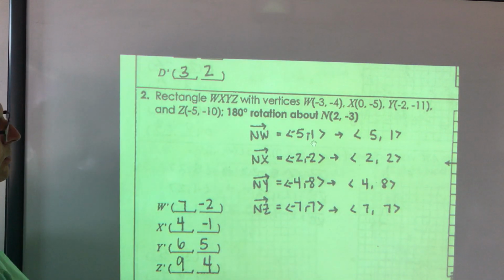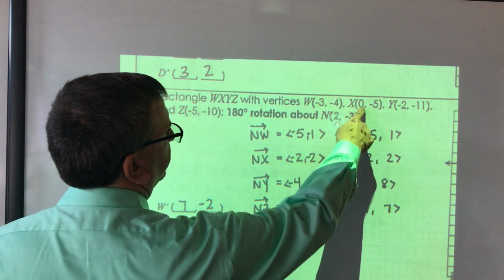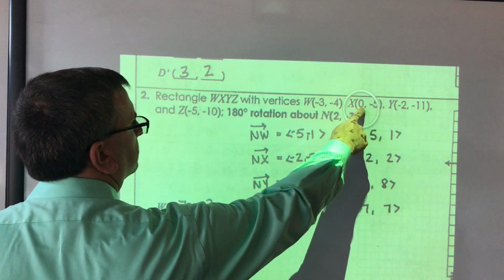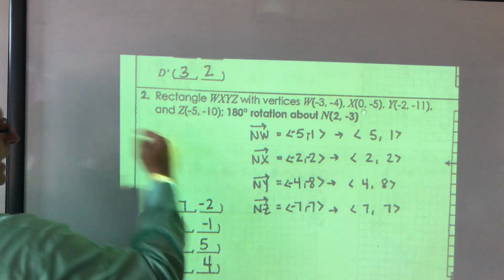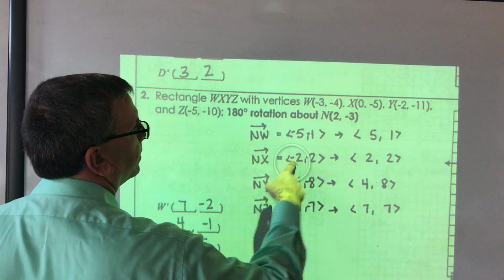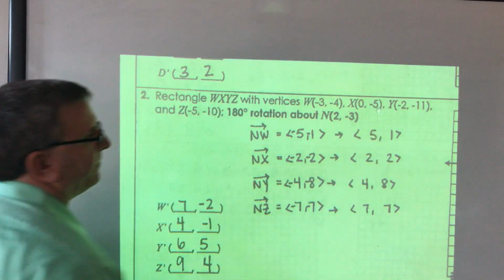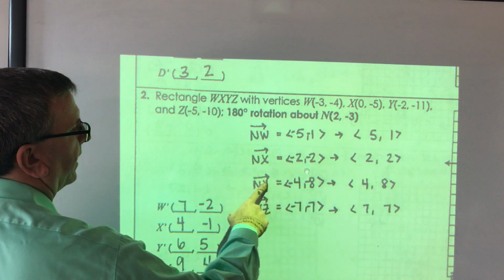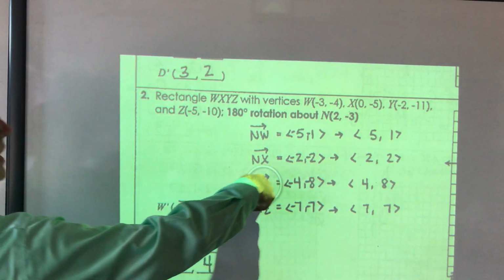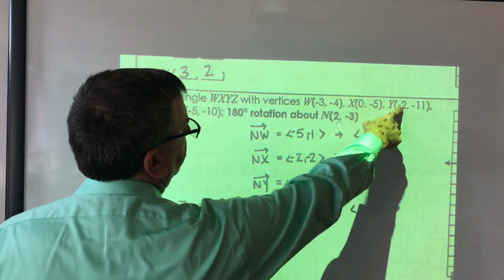Okay, point X. From 2 to 0, did I go to the left or to the right 2? To the left 2, so it's -2. From -3 to -5, up or down? Down, -2. Then the vector from N to Y. 2 to -2.